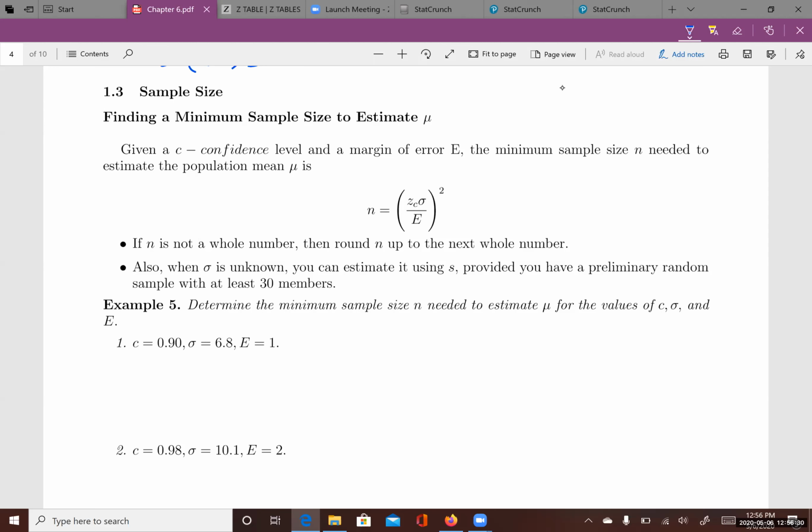So first you set your confidence level. Second, you set your margin of error to be a specific value, your desired sample error. Then the next thing you want to do is, in order to achieve that margin of error, figure out how big of a sample size you need to collect.